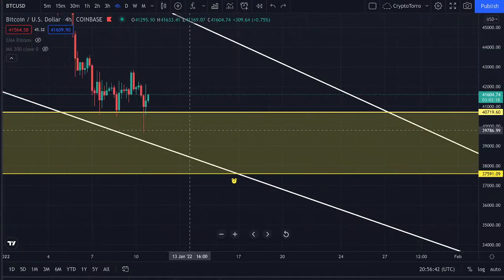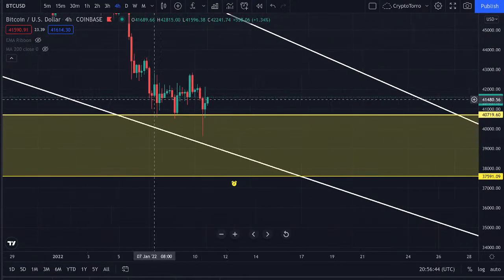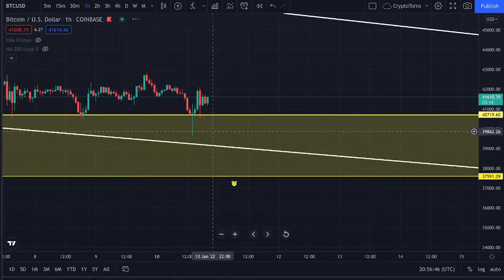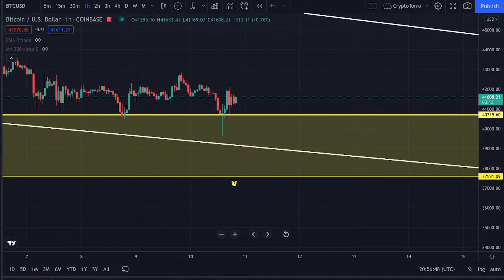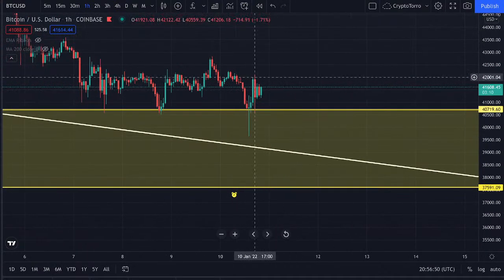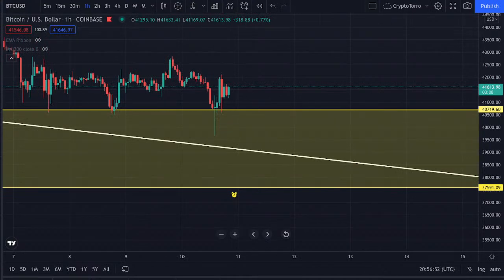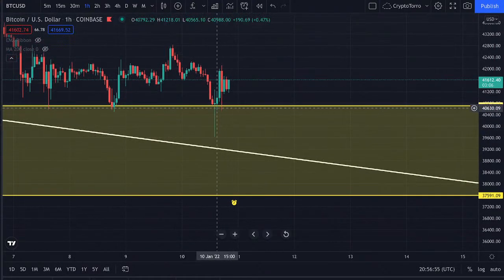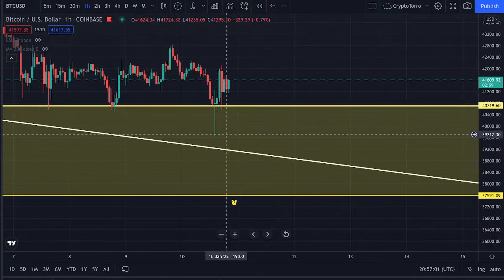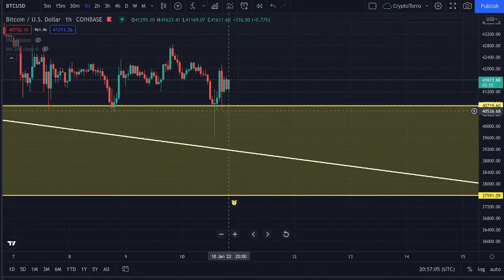And even more important, if we take a look at Bitcoin's price action right here on the 1 hourly time frame, we could actually clearly see how amazing this price action actually was, because we did see a complete move from $40,746 heading all the way towards below the $40,000 and back up in a matter of 1 or 60 minutes. So that was absolutely crazy.